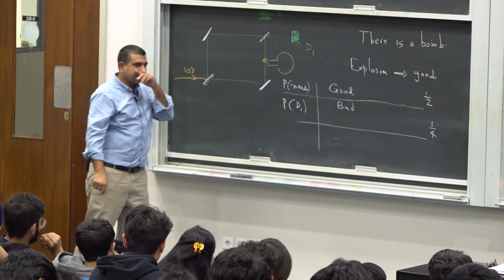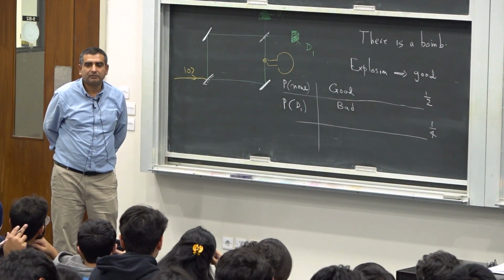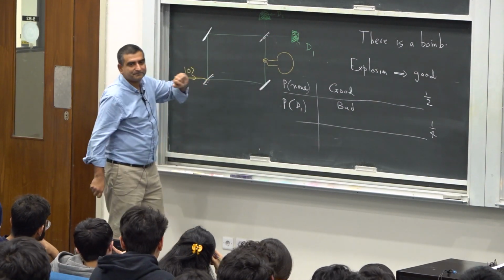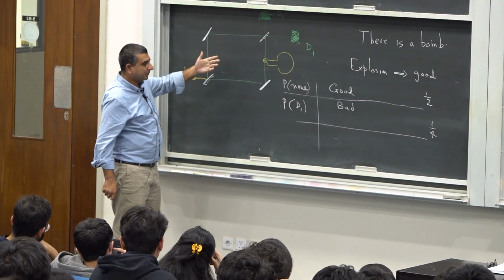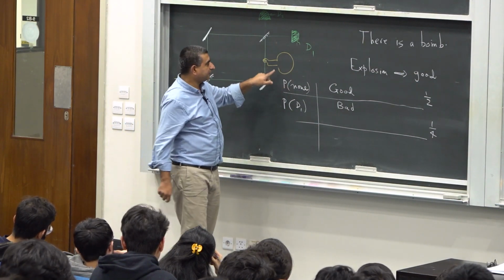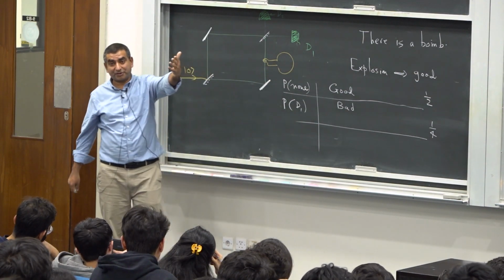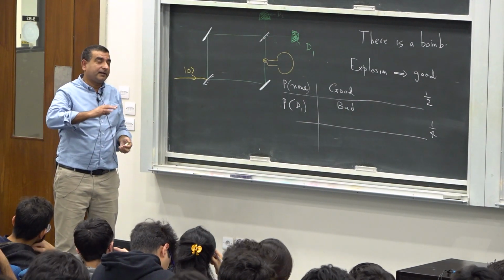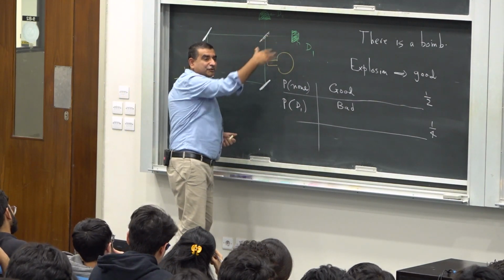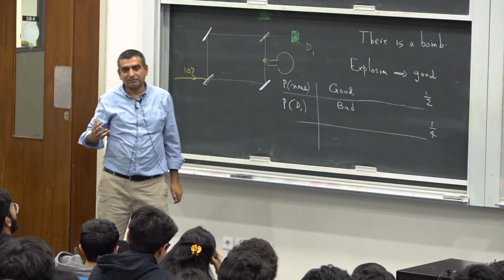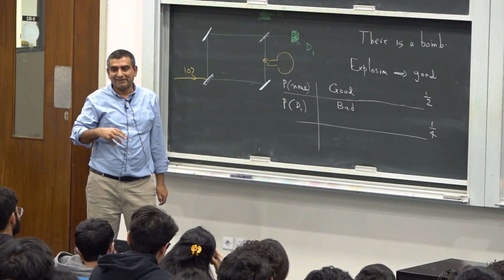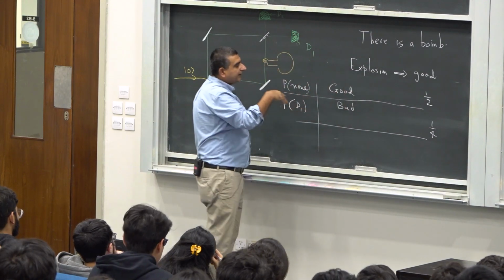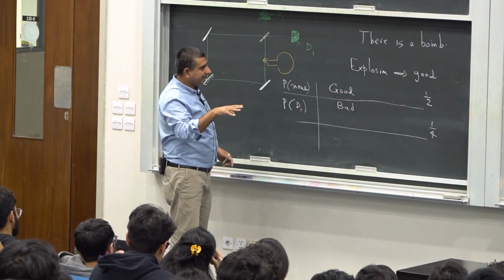But it's also possible that the bomb is good, right? So if the bomb is good, then there is no explosion, which means you could infer that we've detected a photon, so it hasn't been absorbed by the bomb, but the bomb is there. So if this probability is 1/4, then there can be two likelihoods in this scenario.